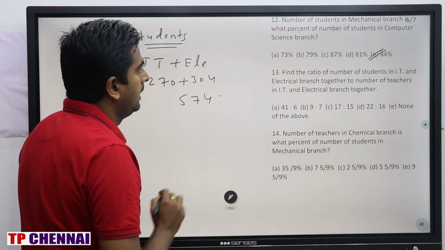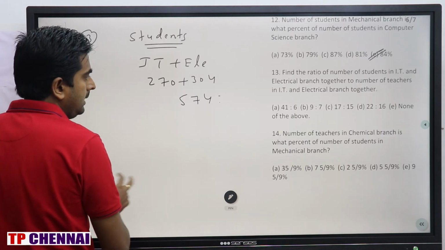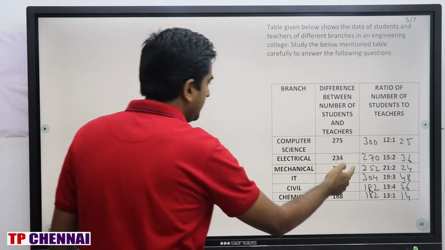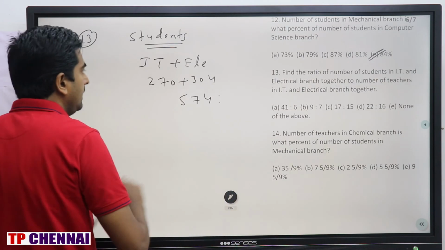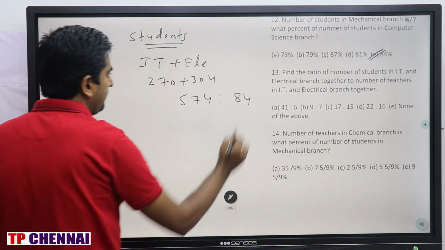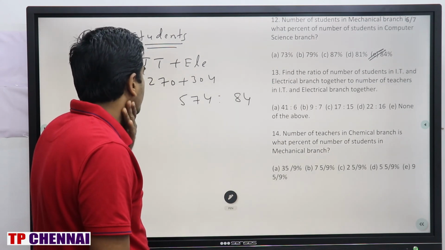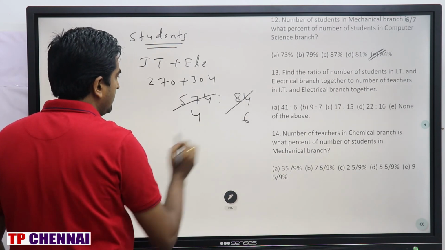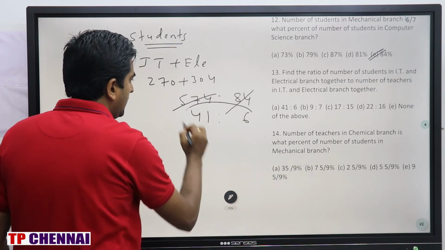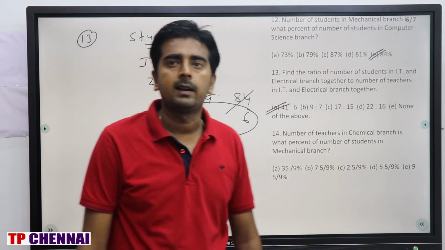Divided by teachers in IT and electrical, 48 and 36, 84. Right? So we can cancel with 14, 14 6s are 84, 14 41s are 574, 41:6. First option is the correct answer.